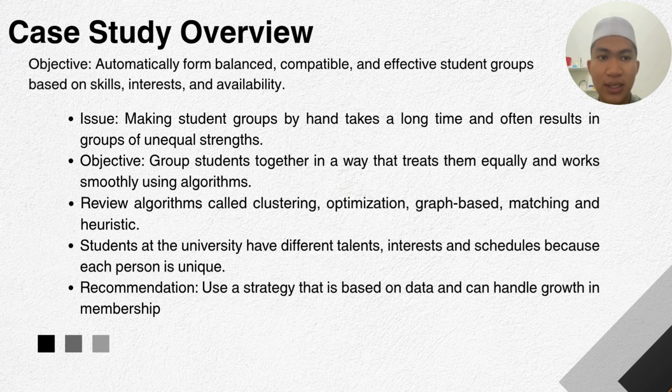To solve this, we explore several algorithms like clustering, optimization, graph-based matching, and heuristics, all designed to create fair and efficient grouping. Since students have different talents, interests, and skills, we recommend a data-driven, scalable strategy that adapts to growing class size and ensures optimum team formation. That's all. Thank you.